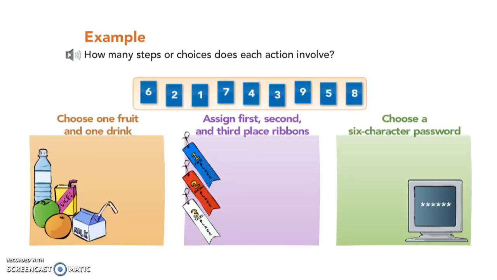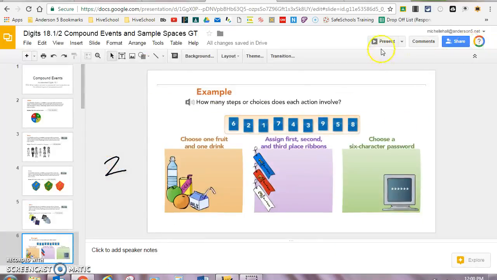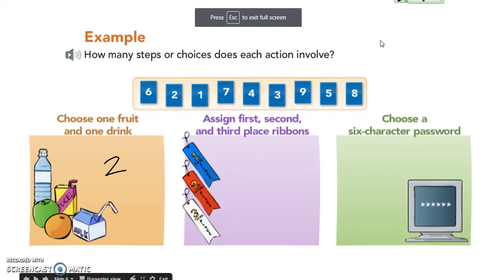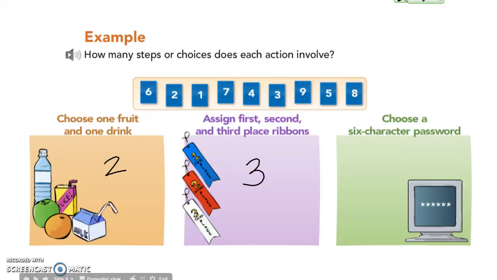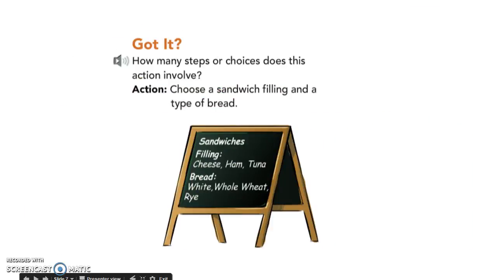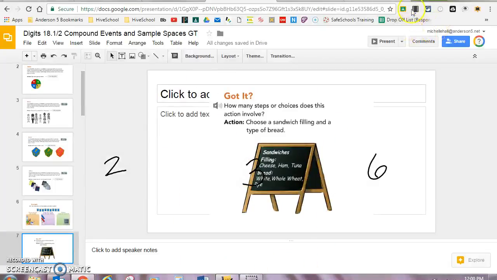Assign first, second, and third place for events. That is a 3-step action. Choose a 6-character password. That is a 6-step action. Okay, so thinking about how many choices you're having to make, that'll tell you how many steps are in your action.